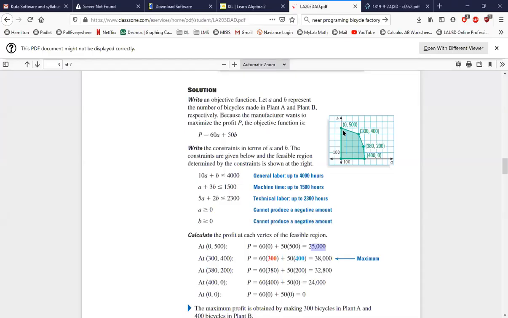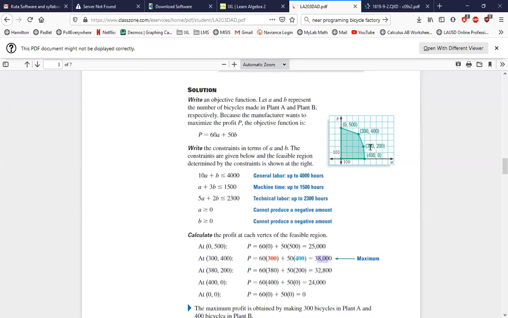So if you look at the possibilities here, the vertices tell me what my possibilities for A and B are. If I make 0 A bicycles and 500 B bicycles, would that be the most profitable? So let's plug it in. If I plug in 0 here and 500 here, we end up with a profit of 25,000. Okay, sounds like a lot. But if I try the other ones, if I split my values, 300 for A and 400 for B, hey, I actually made more money.